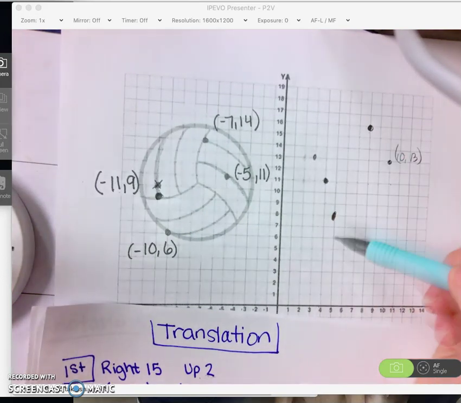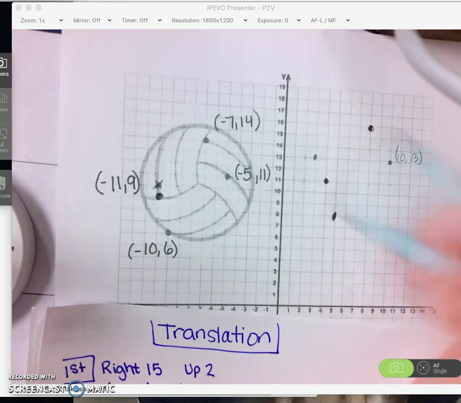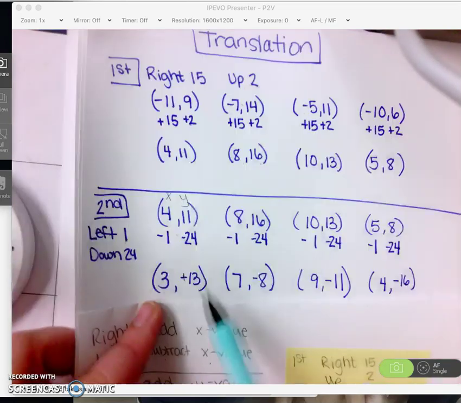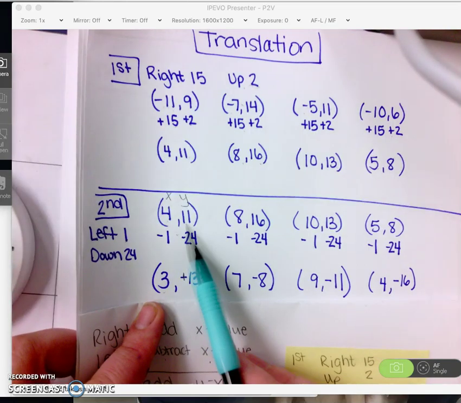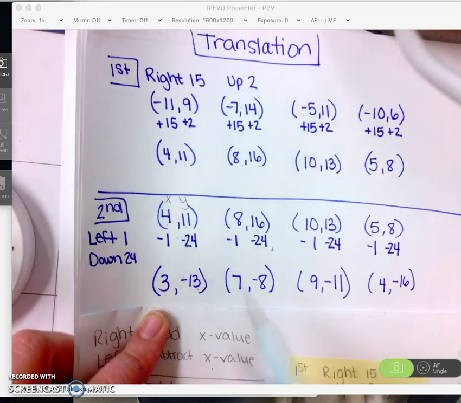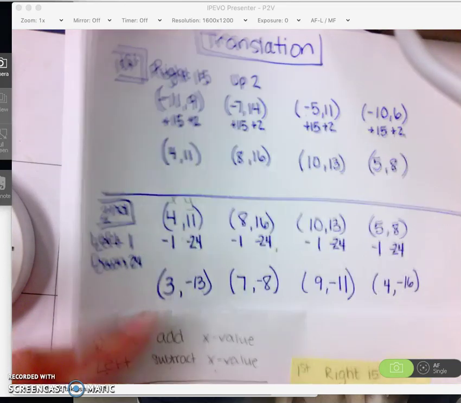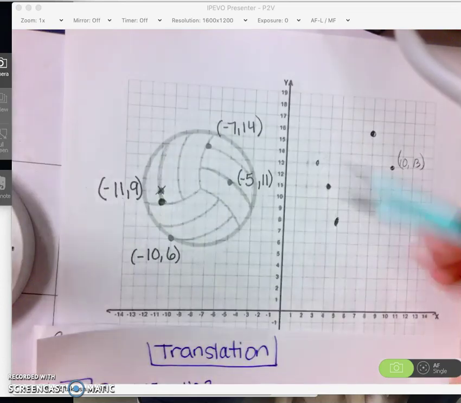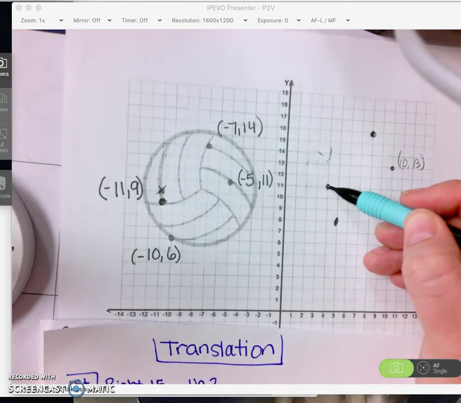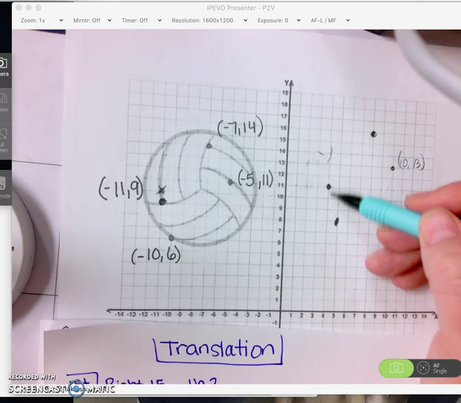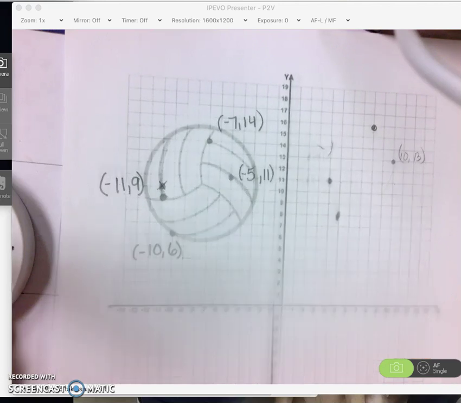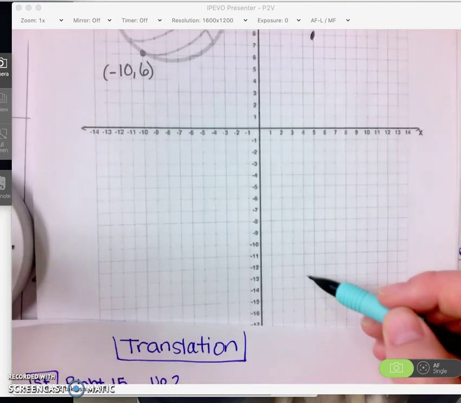Well, I would know that's wrong because this is my first shape, right? And this shape is not going down 24 if I get up to 13. Okay, so I know that I'm wrong. And then I would want to double check. You can always use a calculator, or you could think, if I go positive 11 and go down 24, I'm going to be all the way down in this quadrant right here.